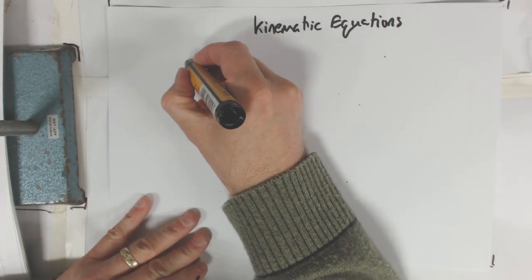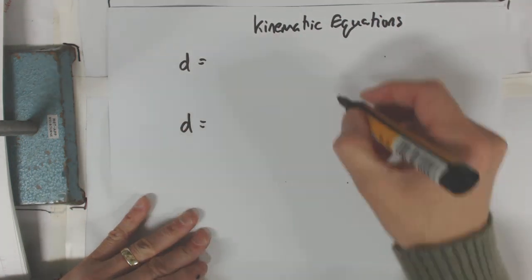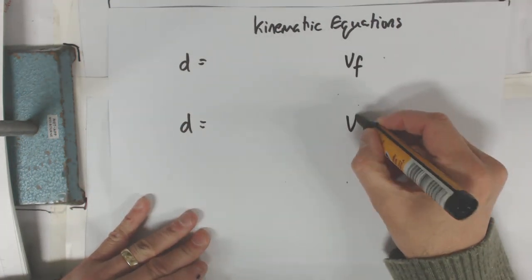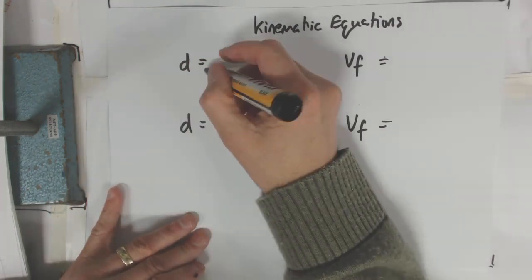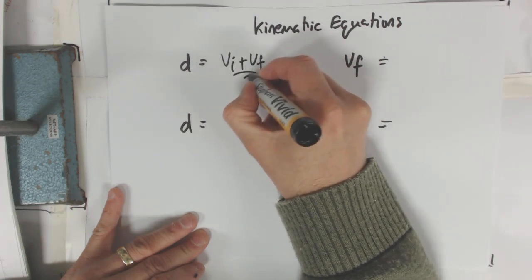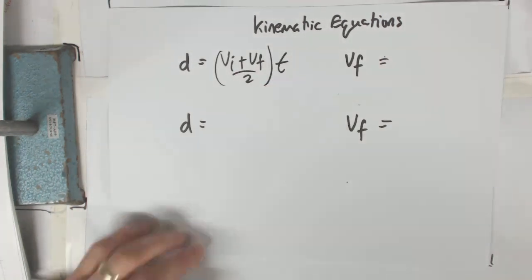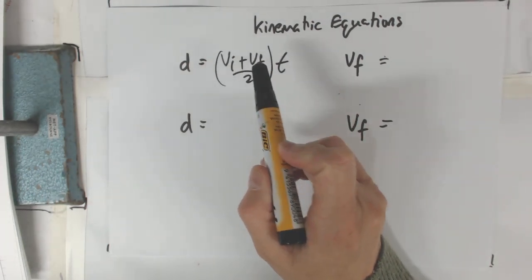There are two kinematics equations for distance, and there are two kinematics equations for final velocity. So the distance one: VI plus VF all over 2, times t. Let's have a look at that one. That's a final velocity plus initial velocity divided by 2.